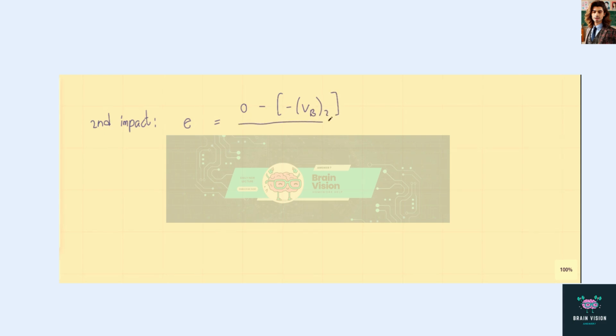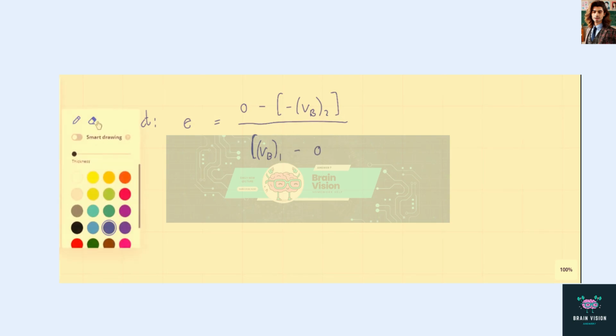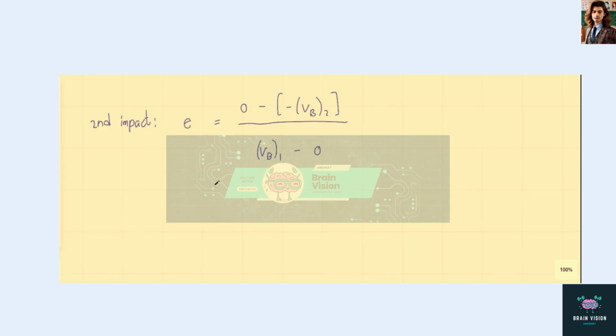Remember, VB2 is the speed at which ball B rebounds from the wall, over VB1 minus 0. Remember, the wall does not move, and so it has no velocity.